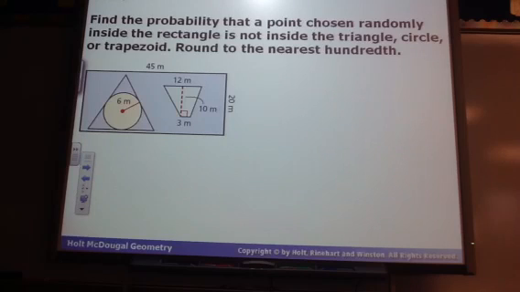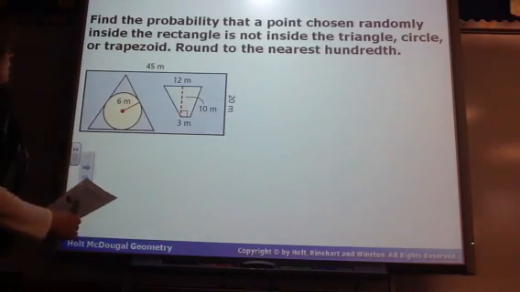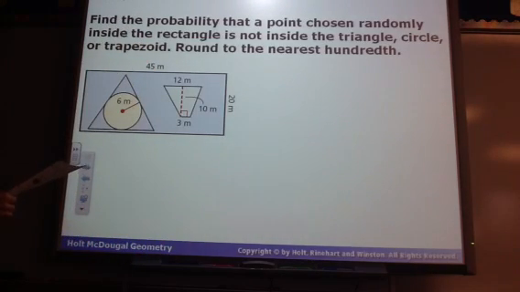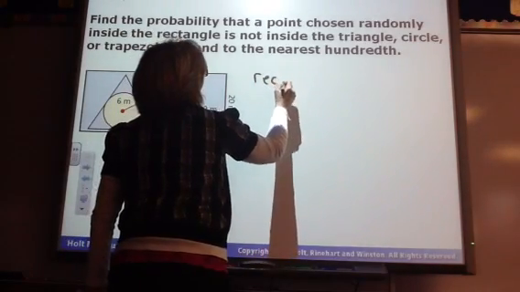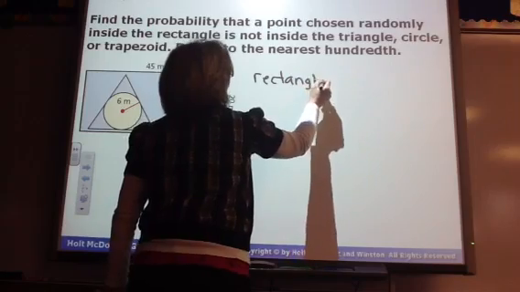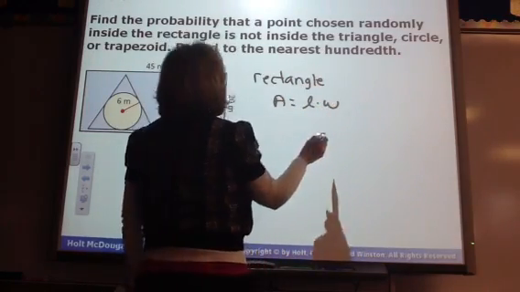Okay, find the probability that a point chosen randomly inside the rectangle is not inside the triangle, circle, or trapezoid. Okay. So, let's see here. Let's first find the area of the rectangle. This is the sample space, okay? So area of a rectangle is your length times your width.